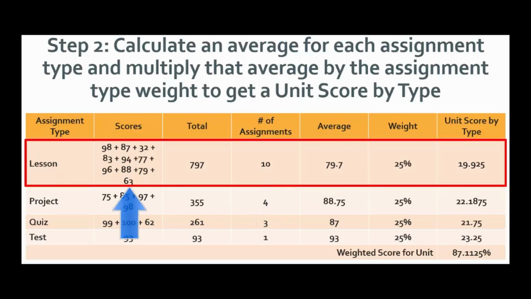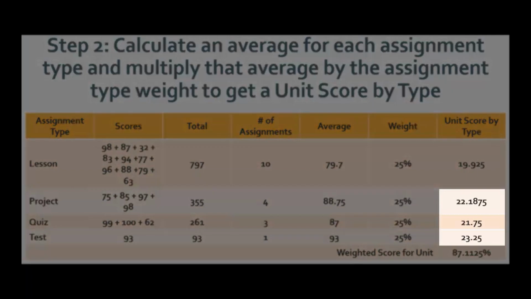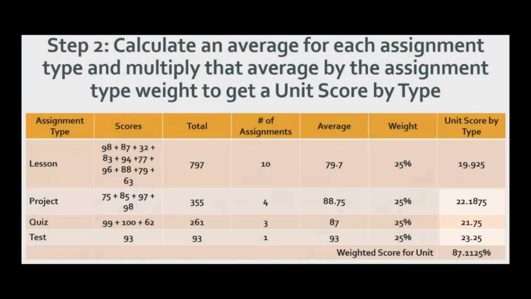You can see that Ignitia added the scores and then divided the 797 by 10 because there were 10 assignments within this type. Ignitia then took the weighting percentage, which was 25%, and multiplied that by 79.7 to equal 19.925. It did the same operations for the other assignment types to figure out the unit score by type.